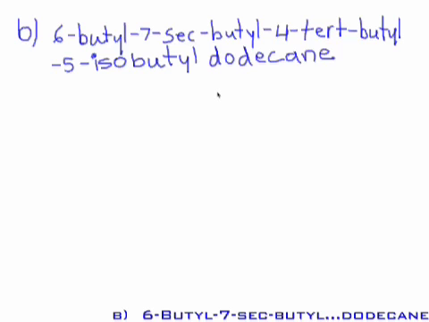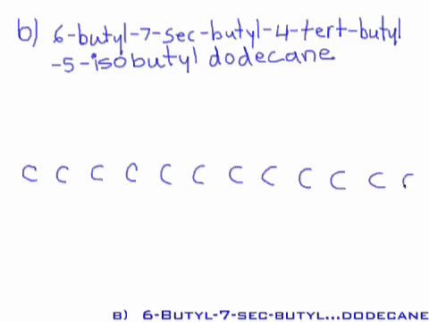Now, when asked to draw this, we follow the same pattern we did last time. We have a dodecane, and that means 12 carbons. 1, 2, 3, 4, 5, 6, 7, 8, 9, 10, 11, 12. My 12 carbons.